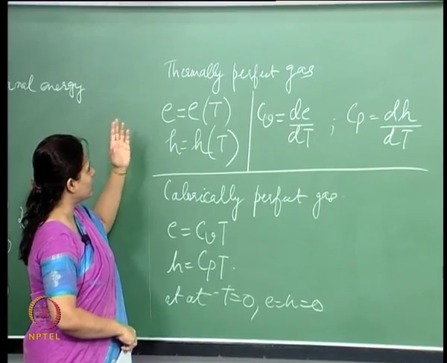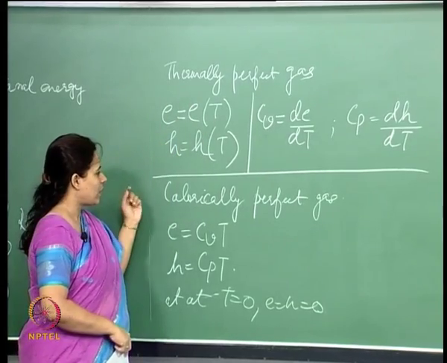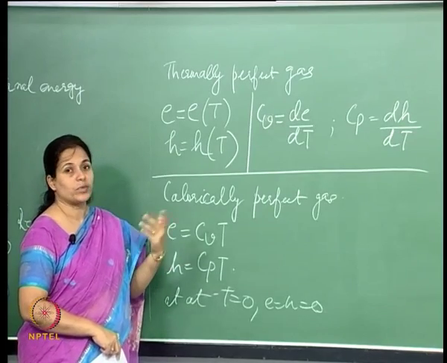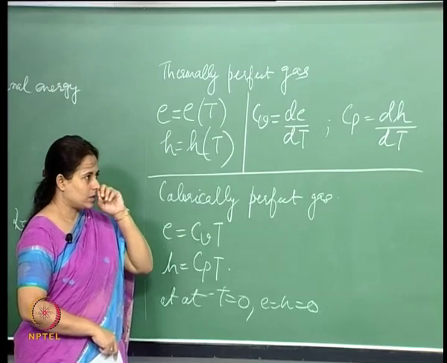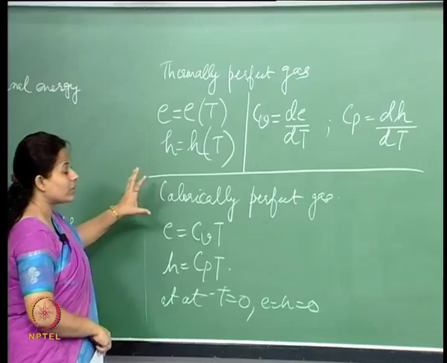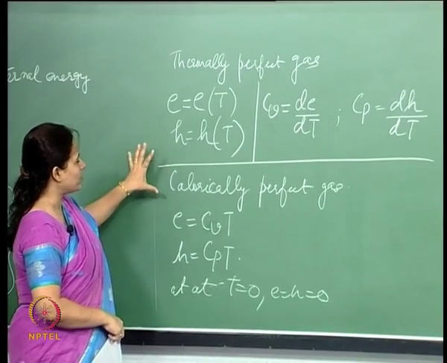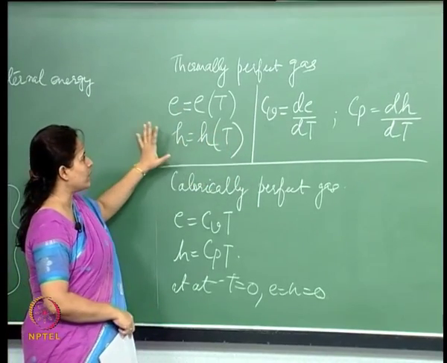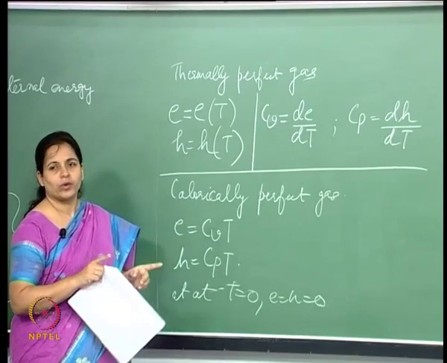We give labels like thermally perfect gas, calorically perfect gas, incompressible flow, viscous flows, compressible flows, and so on. Inviscid compressible flow, sorry. We do that because then we are able to develop relationships like this, which can be used for a large bracket of problems.